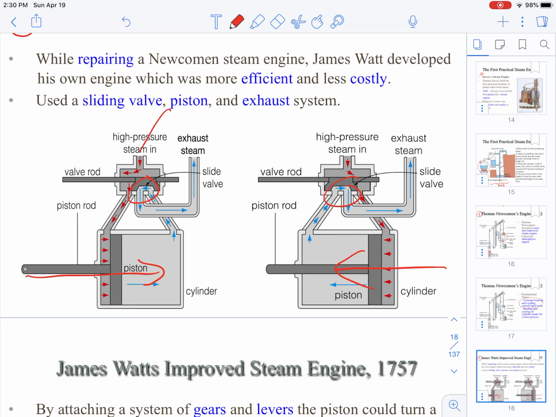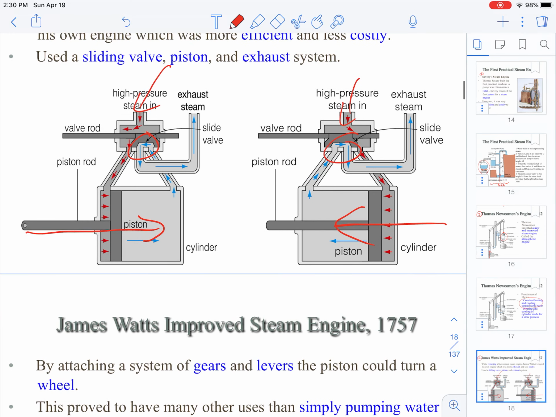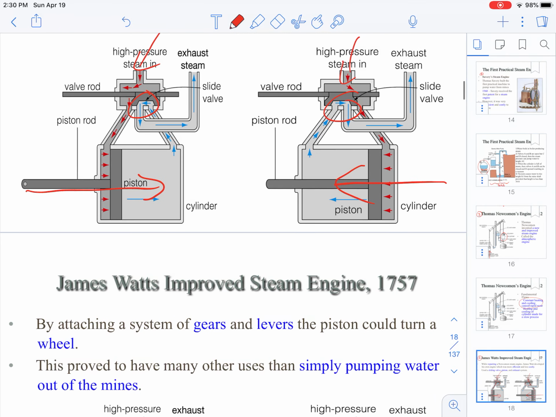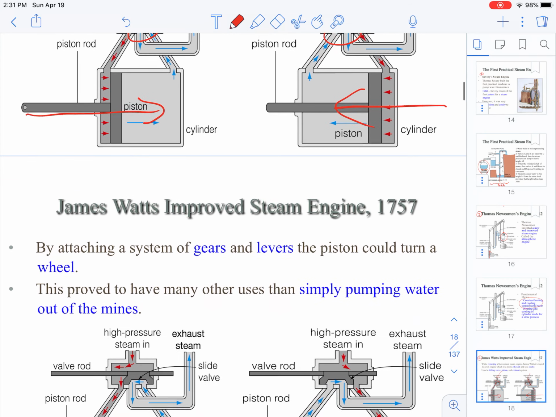If they opened the valve, the piston would go another way, because they kept redirecting where the steam came in, into which direction. Because it was going in two directions, they were able to use that to help a lot of big machines be invented.